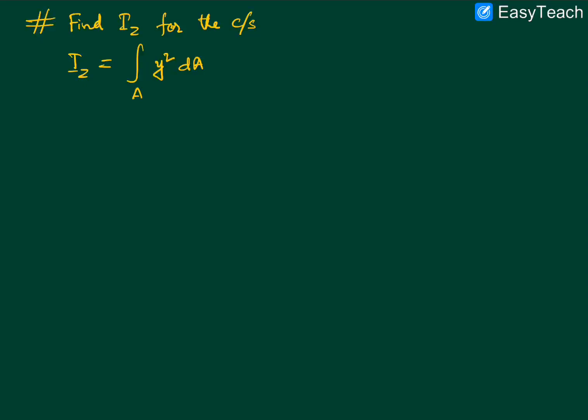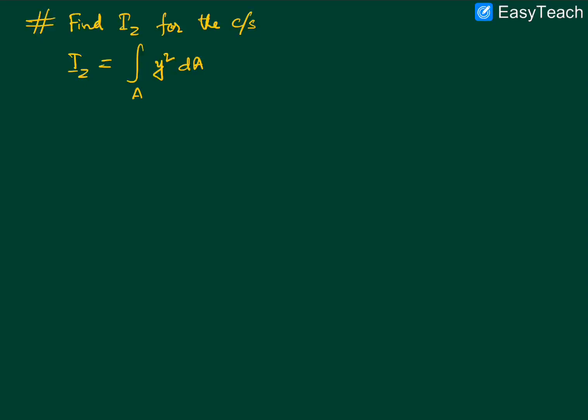Now for our cross section, what we can do is to translate this generic formula in terms of the r and the phi and the t, just like as we had done in the case of Qz.